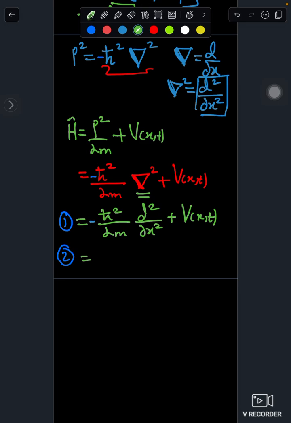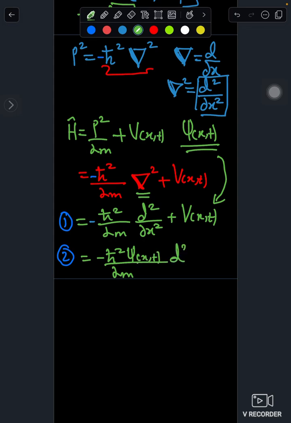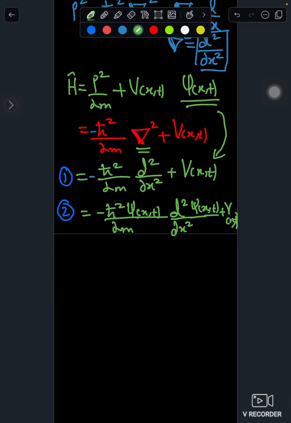Then further, the second form is, we then add psi. This is what we will add now in this. Then we get minus h bar squared over 2m psi of x and t of d squared over dx squared plus V of x and t.